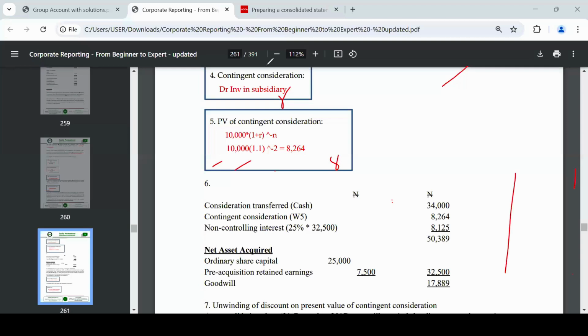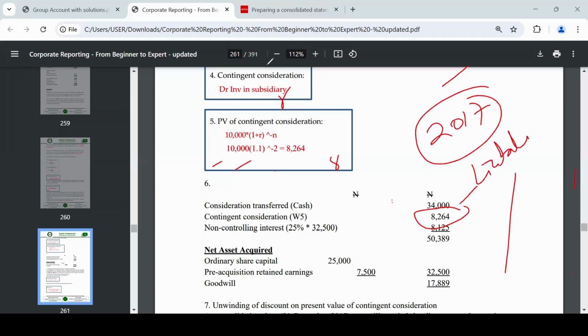Now it means that by 2017, this contingent consideration is going to be under liability. Yes, it is a liability of the parent that it owes the subsidiary.